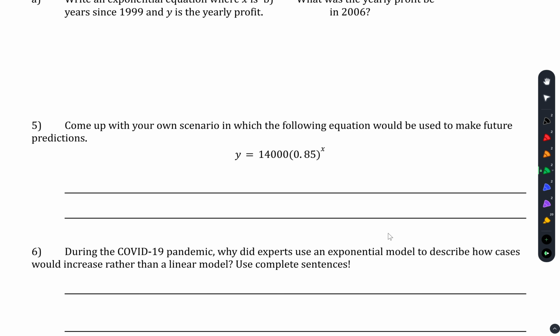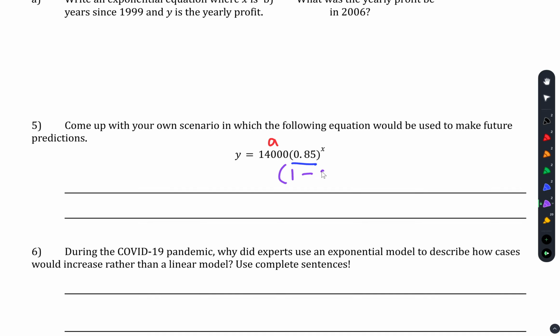In number 5, you're coming up with your own scenario for the following equation. So you want to figure out what does your initial value represent. Obviously, this is going to be a case of something decreasing because we have a b value that is less than 1. Our rate here, this is a good review from yesterday's lesson, is actually going to be 1 minus something. 1 minus something gets us 0.85.